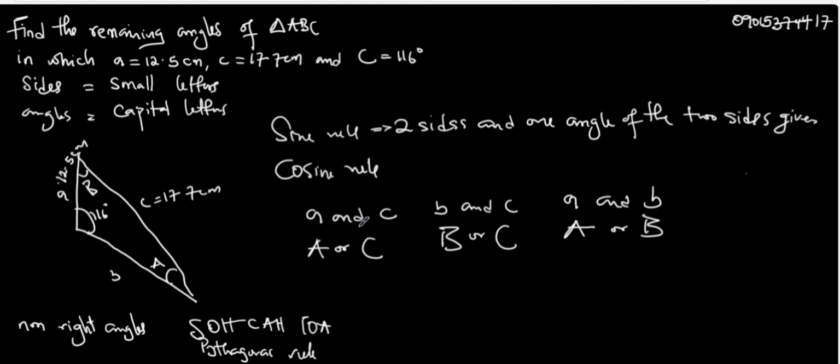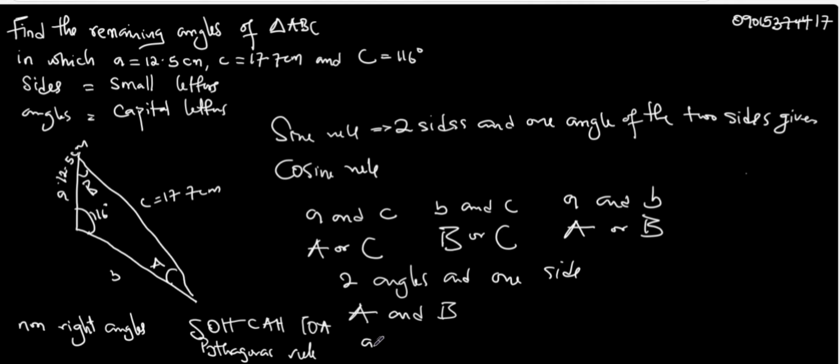Vice versa, we can also be given two angles and one side. But then if we are given angle A and angle B, for example, the side that must be given must be one of the sides of the angles that was already given.